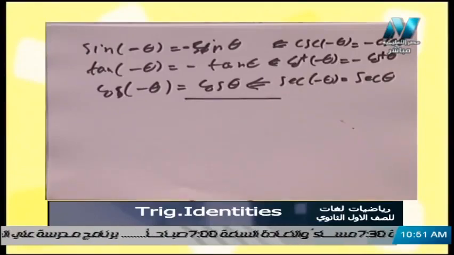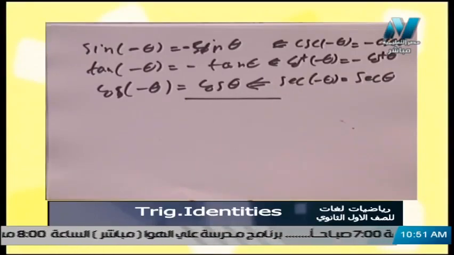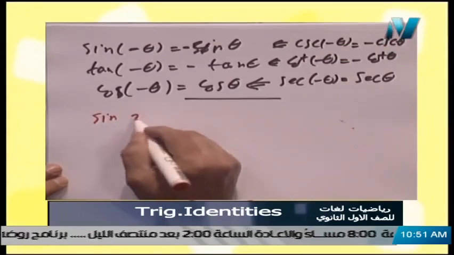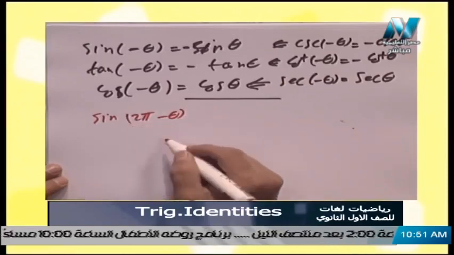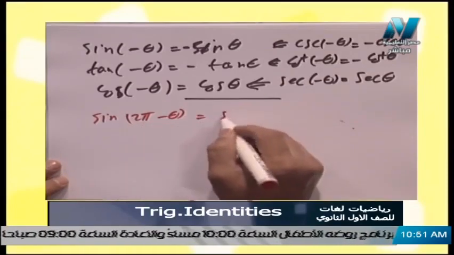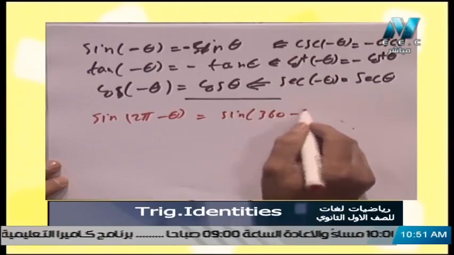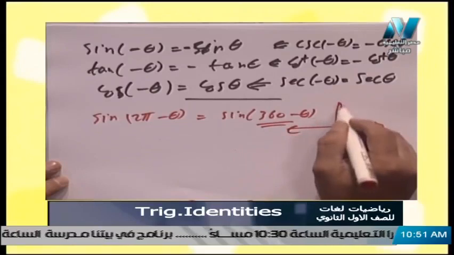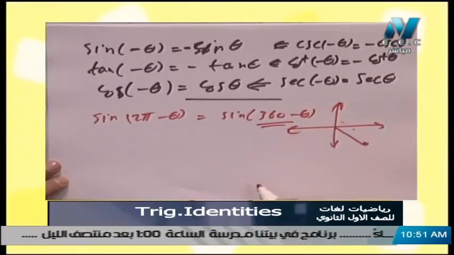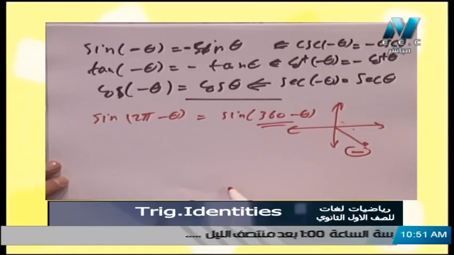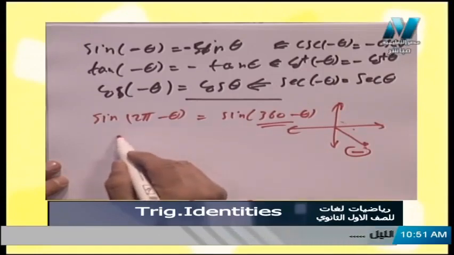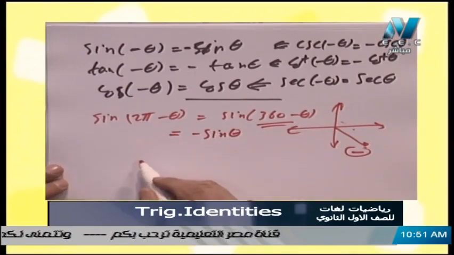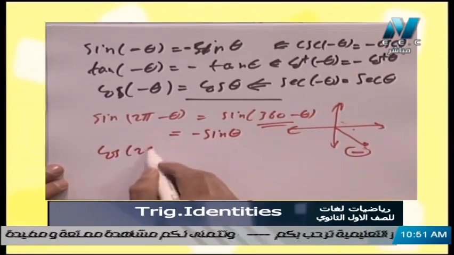Let's study new identities here for 360. If we have sine 2 pi minus theta, we can write it as sine 360 minus theta. We know this angle will lie in the fourth quadrant, and sine here is negative, so we can write it as negative sine theta.